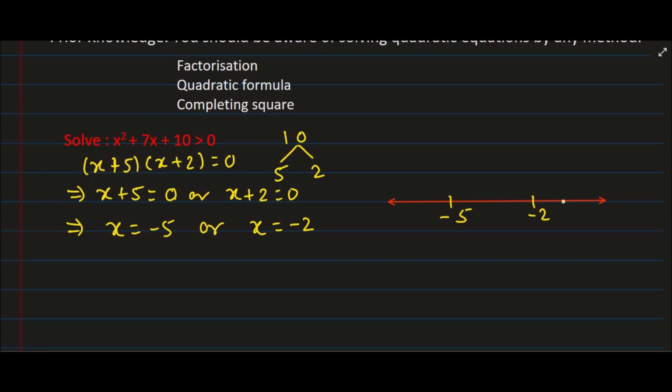I'll prefer to choose 0, and 0 falls in the rightmost region, after minus 2. If I take 0, what will be the value of the function? 0 square plus 7 into 0 plus 10 greater than 0.